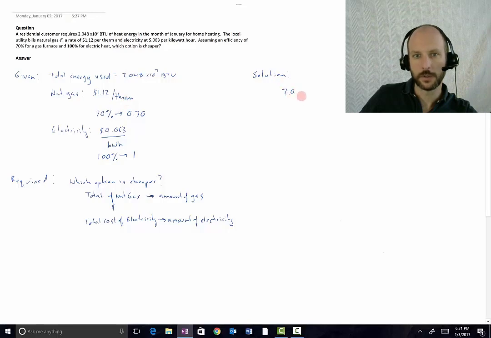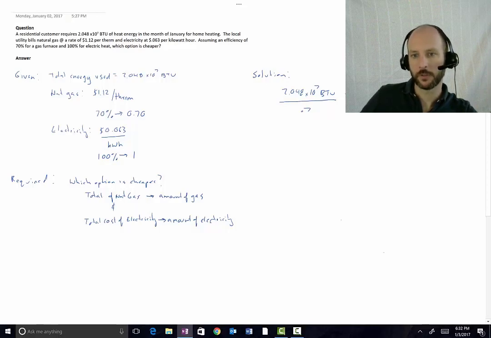So if I divide the total amount of heat energy required by the efficiency of the conversion system, I get the input energy to the system. So energy in is equal to energy out divided by efficiency. So I am needing 2.048 times 10 to the 7th BTUs of heat to be produced.